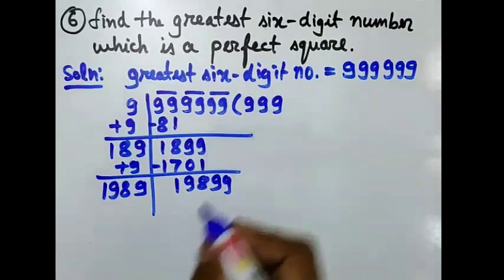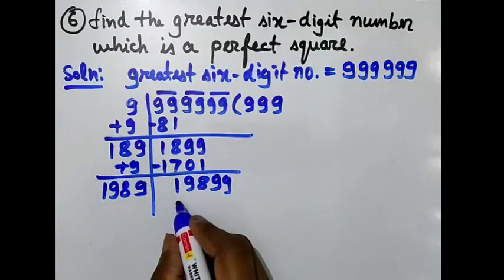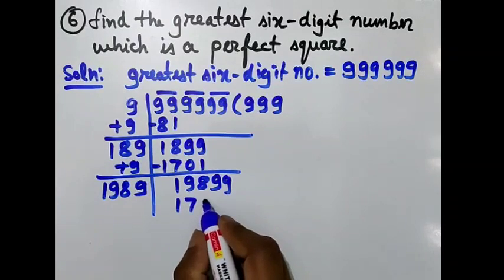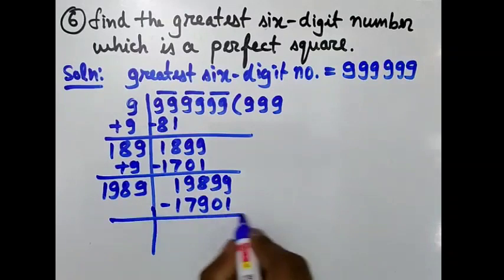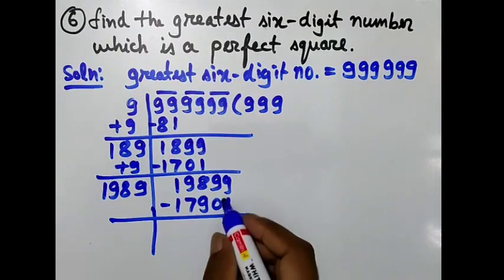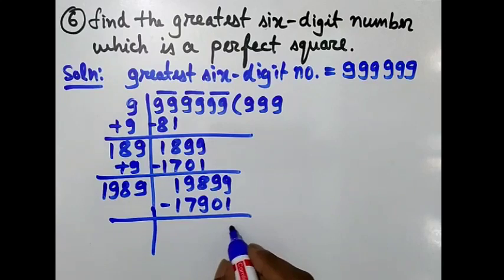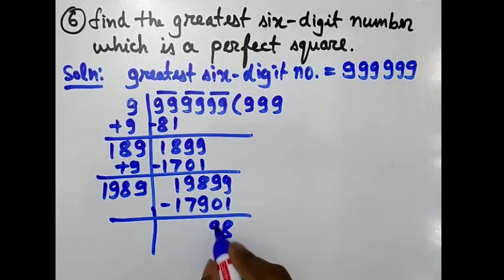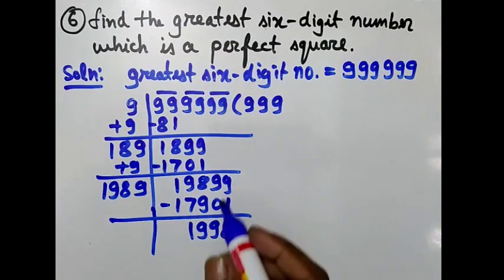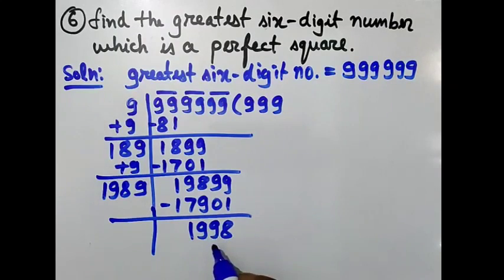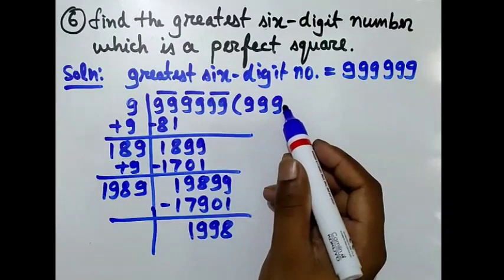After multiplying by 9, we get 17,901. Let's subtract. We get 1998. Now see, we have a remainder left. The number was not completely divided.